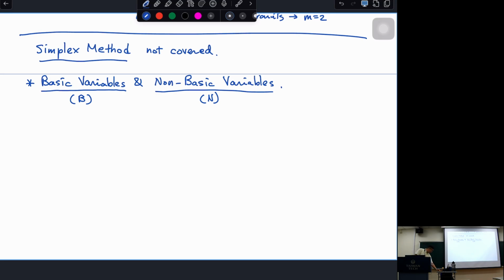So let's use the example at the bottom. Let's directly take a look at one linear programming problem.